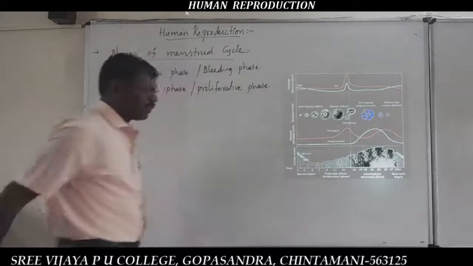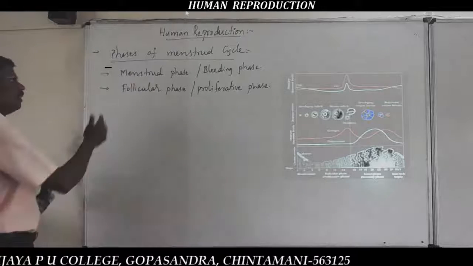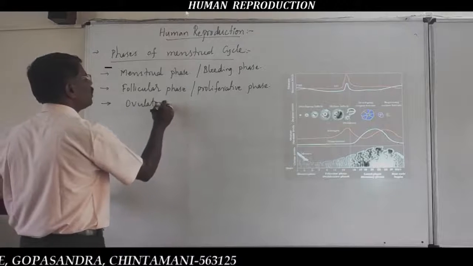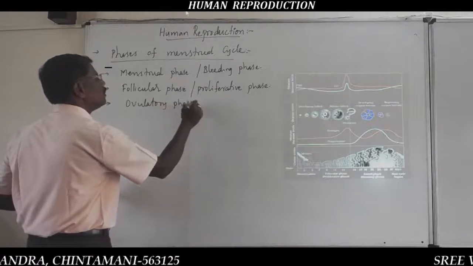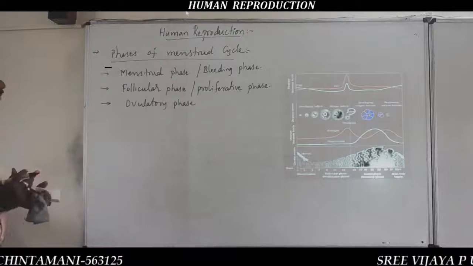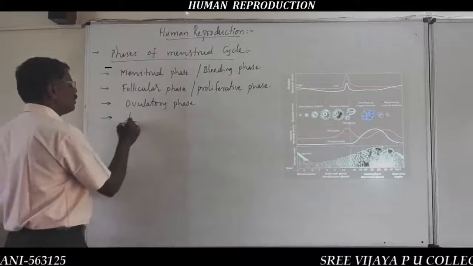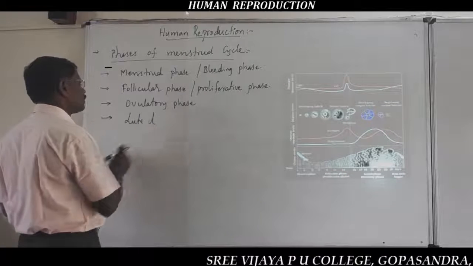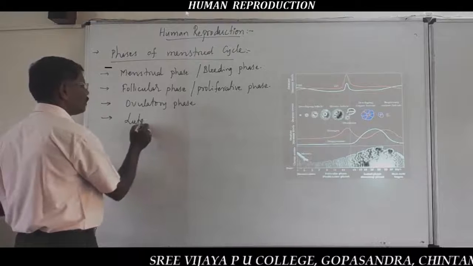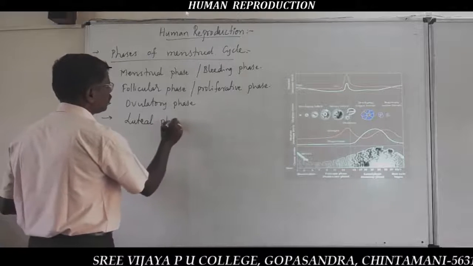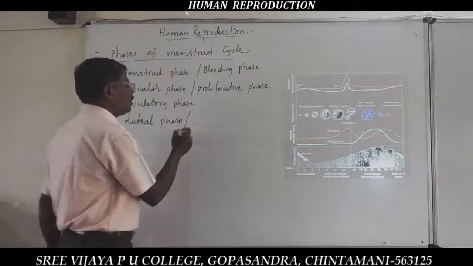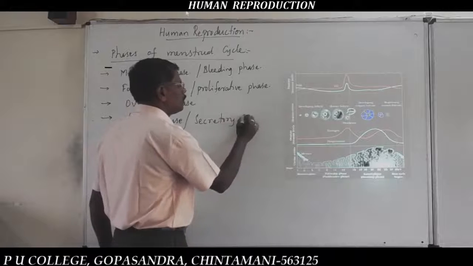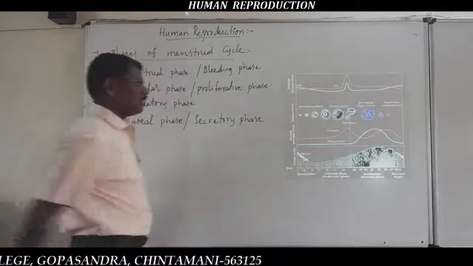The third one is the ovulatory phase. The fourth one is the luteal phase, also called the secretory phase.